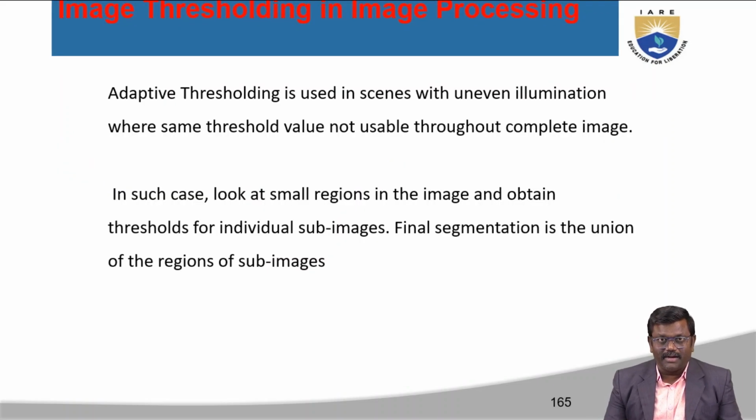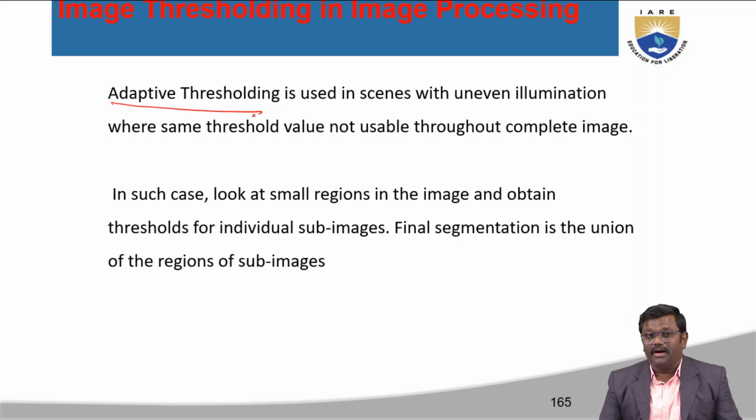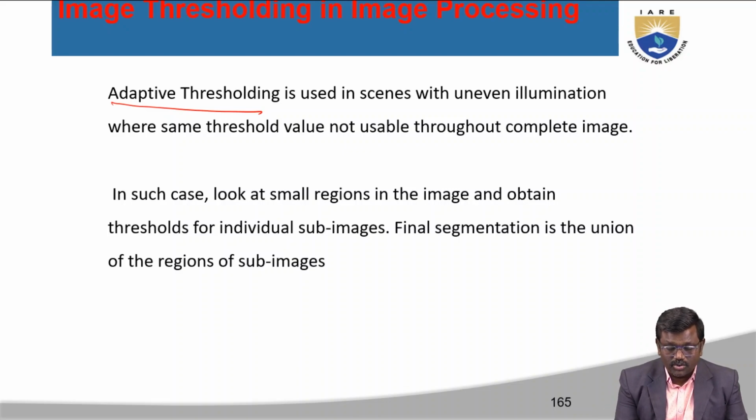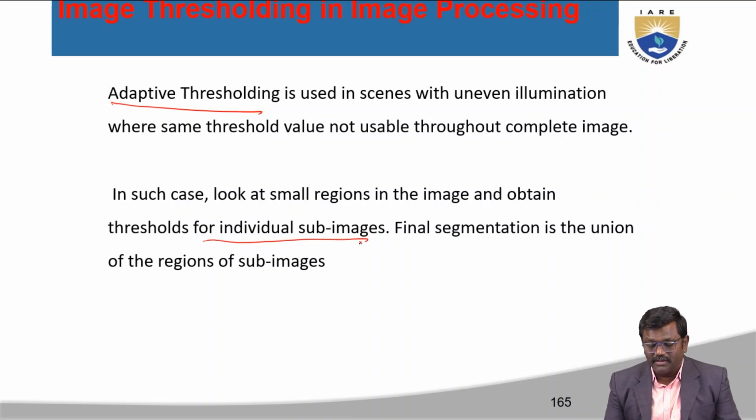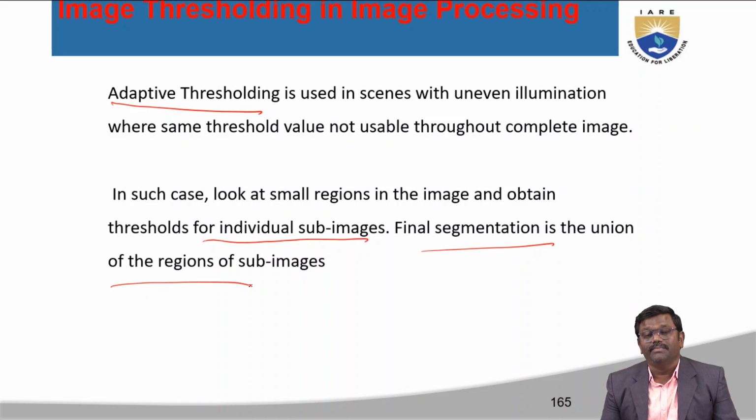Coming to the continuation of my previous slide, where we concentrate on simple thresholding compared with adaptive thresholding: adaptive thresholding is used in cases with uneven illumination, where the same threshold value is not enough throughout the complete image. In such cases, look at small regions in the image, obtain the threshold for individual sub images, and the final segmentation is the union of the regions of the sub images.